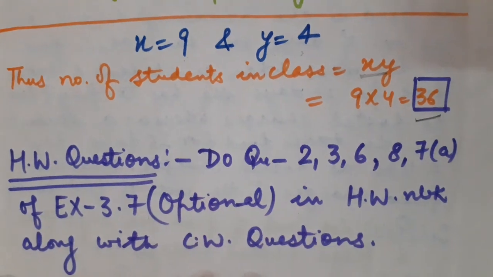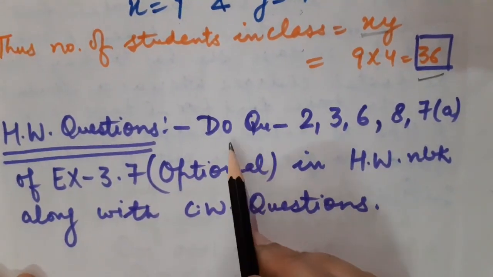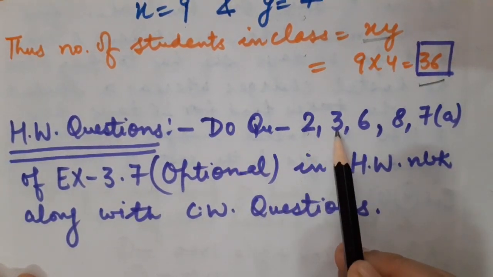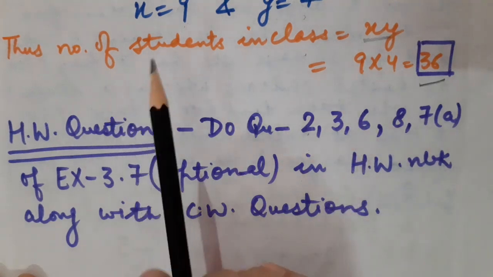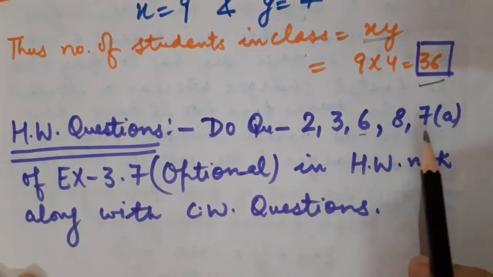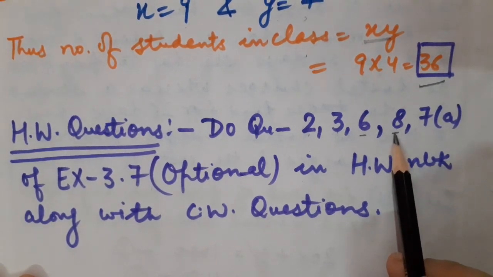That's it for the day. Children, you please note down your mathematics homework. You have to do question number 2, 3. 3 is just based on this question number 4. Question number 6, 8. In the 8th question, you will be given a cyclic quadrilateral. You know what the properties of a cyclic quadrilateral are?